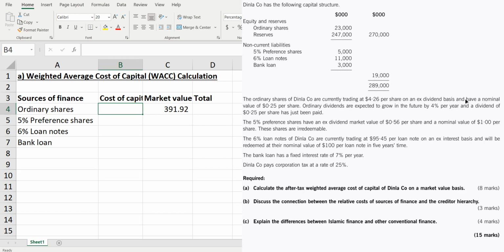Okay, so now cost of capital. Nominal value is given, growth rate is given, and market price is given. So we can now calculate cost of capital of ordinary shares.